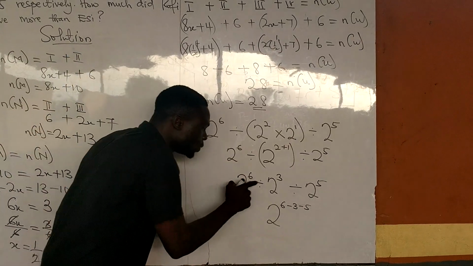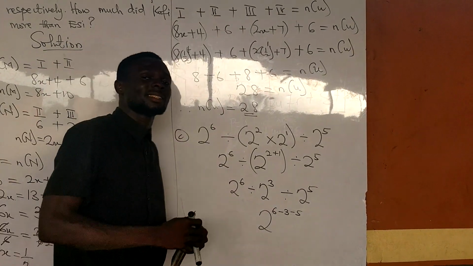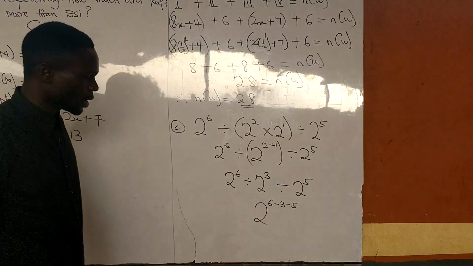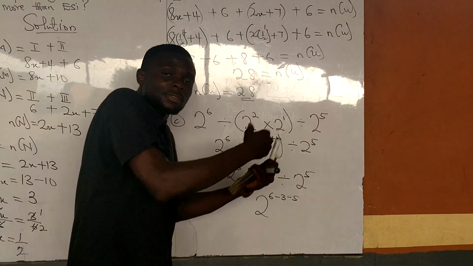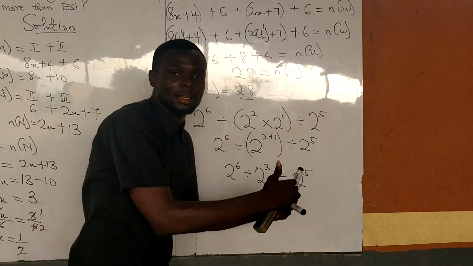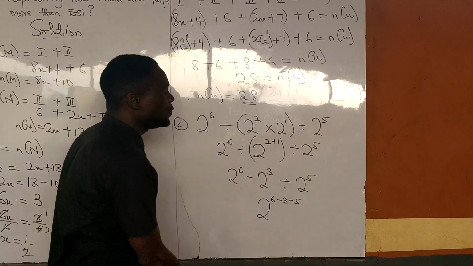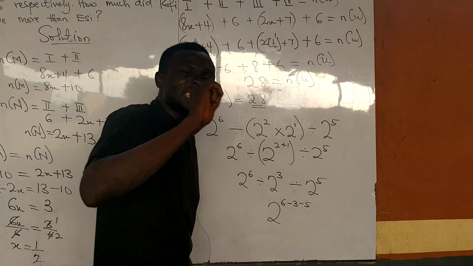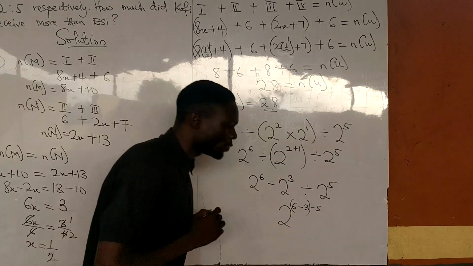Why? Because we are dividing and the bases are the same. So you have 6 minus 3; if you take away 3 from 6, you are left with 3. Then if you take 5 out of 3, you'll be left with negative 2. So let's take our time and solve this one so that we will not confuse ourselves.